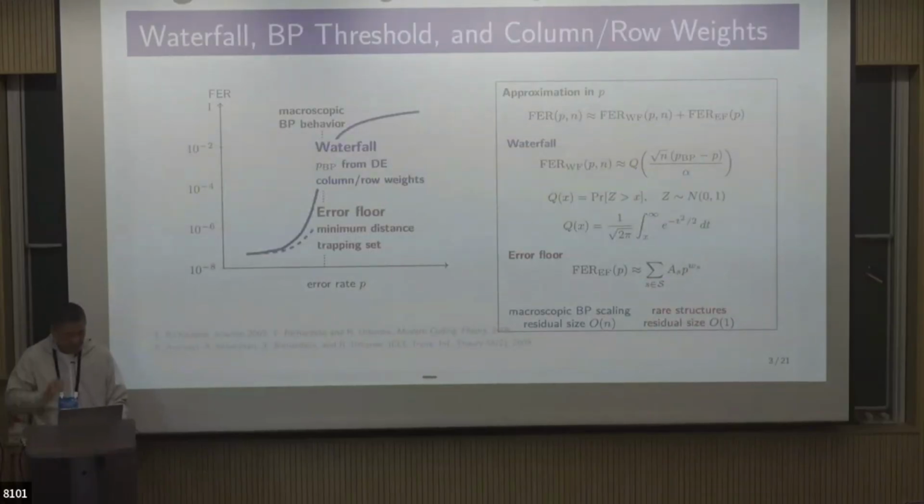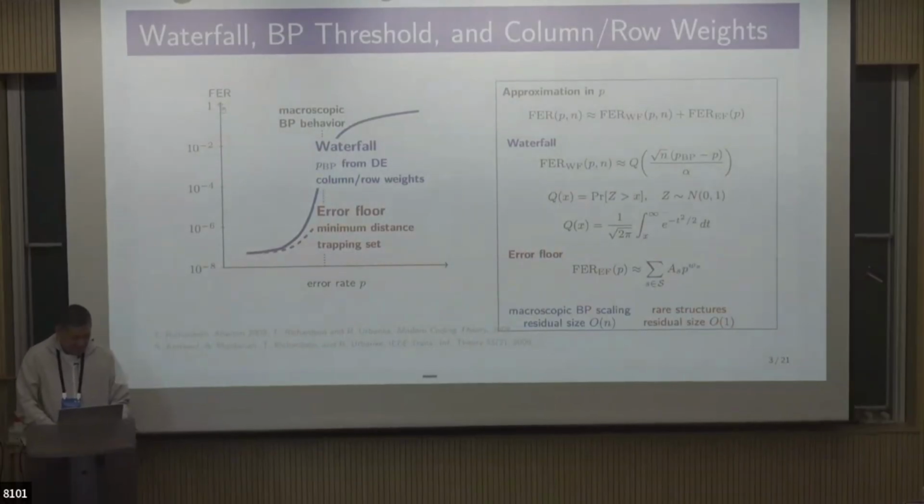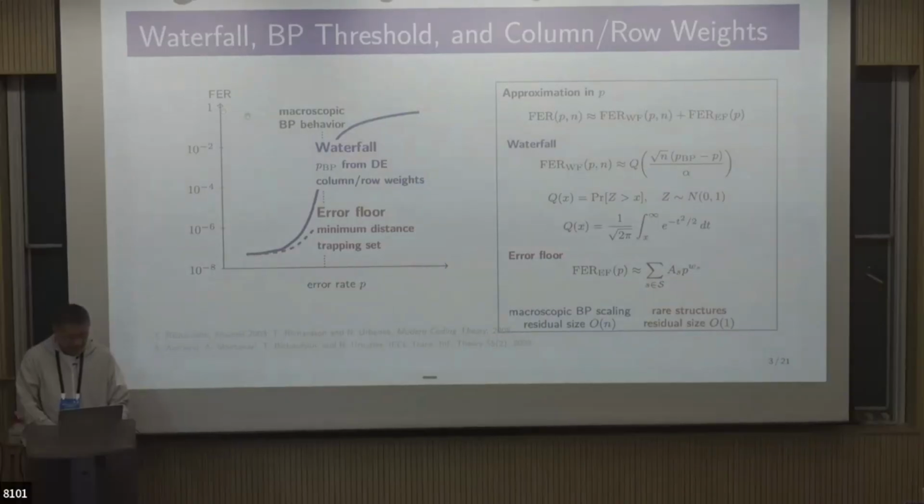This is the typical error rate curve for finite length classical LDPC codes. The horizontal axis represents the physical channel error rate, and the vertical axis represents the frame error rate. This slide separates the waterfall and error floor. The waterfall is steep, while the error floor is gradual.